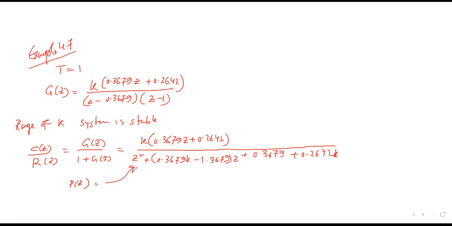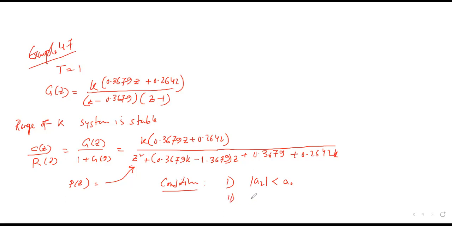And now, what are the conditions? It is a second order system. So for the second order system, there are three conditions that should be fulfilled for a stable system. We don't have to follow the table because it has only three coefficients. Number one, the magnitude of A2 has to be lesser than A0.